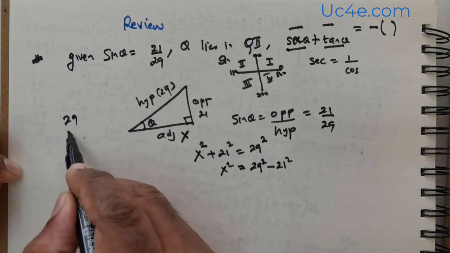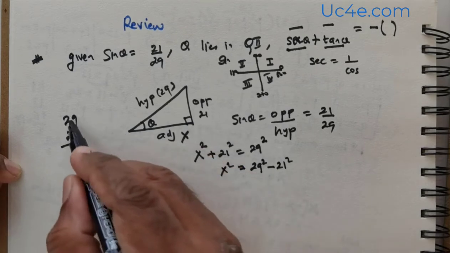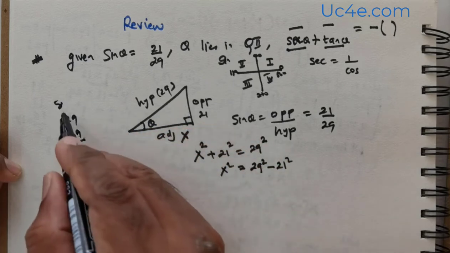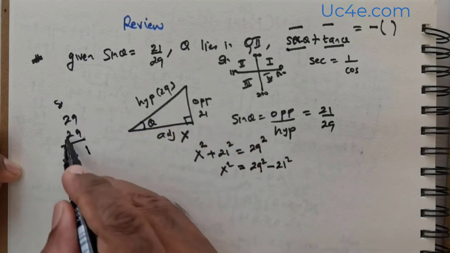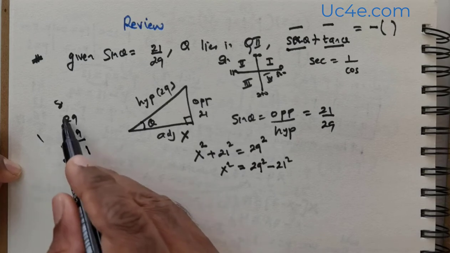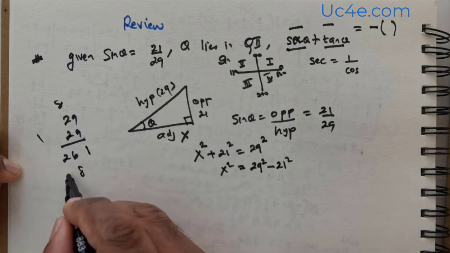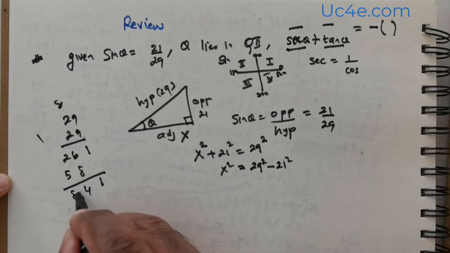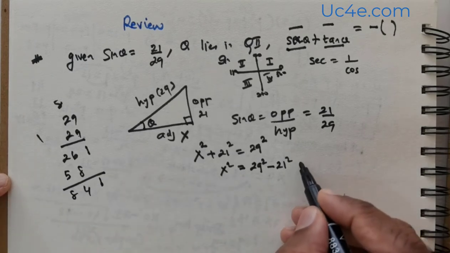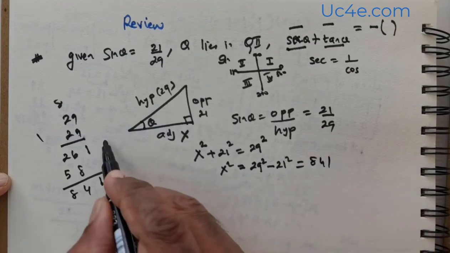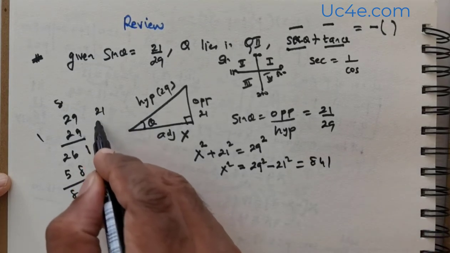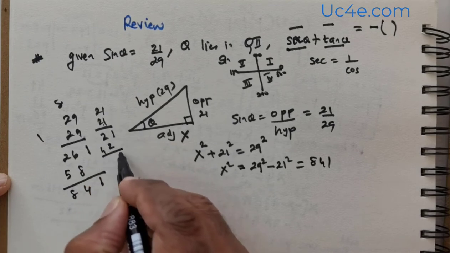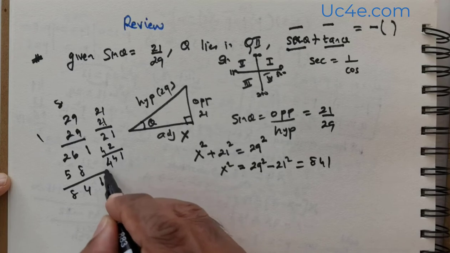So you can multiply 29 into 29. 9 9s are 81. You carry 8. 9 2s are 18, added with 8 will give you 26. Then 2 times 9 is 18, 2 times 2 is 4, add 1 to that will give you 5. So you have 841, and then you multiply 21 with 21. 1 times 1 is 1, 2 times 1 is 2, 2, 4, and then there is a 4.